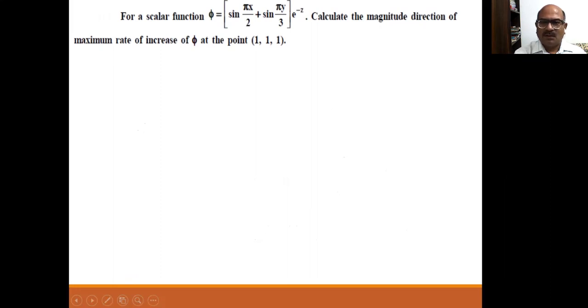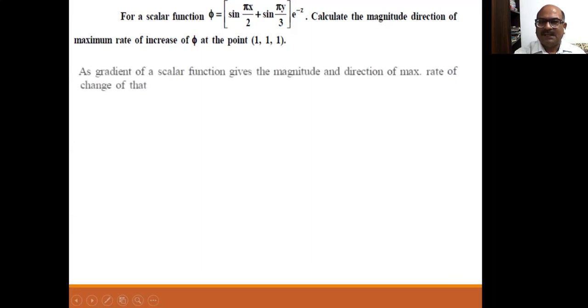Looking at this, it seems very complex and hard to calculate, but it's very easy. Let us see what the question actually says. It says that if this scalar function is there, we have to find the magnitude and direction of the maximum rate of increase of phi at the point 1, 1, 1.